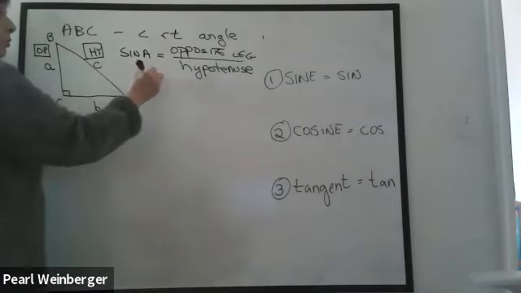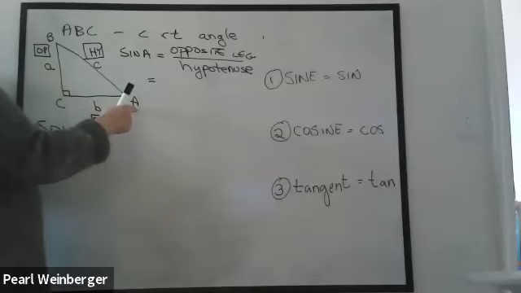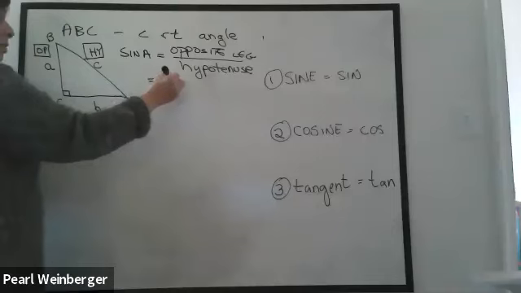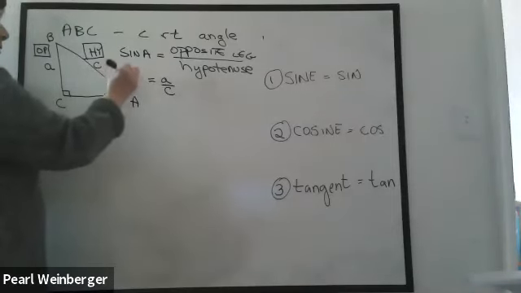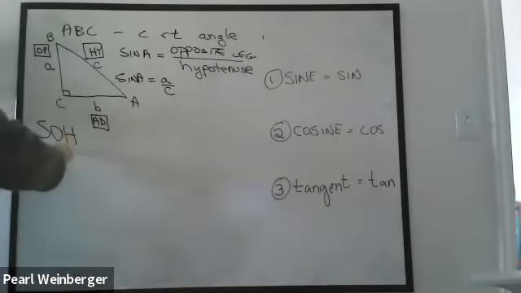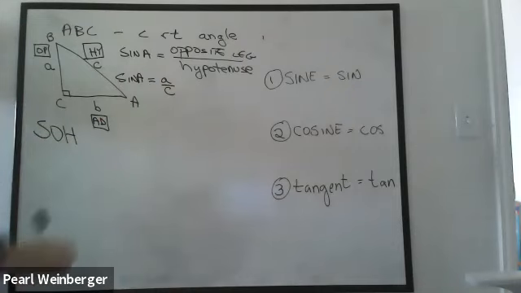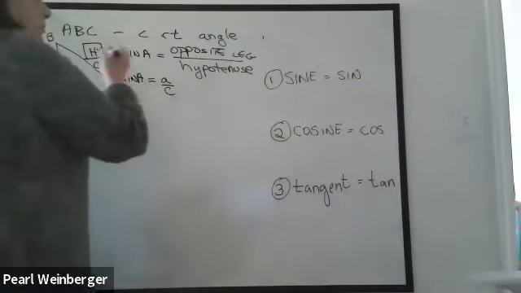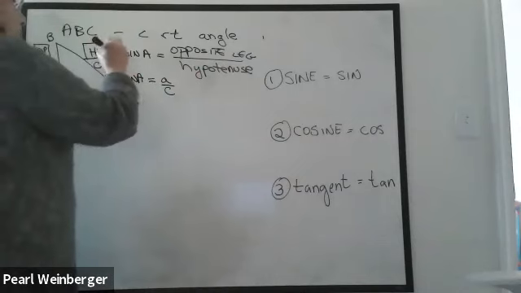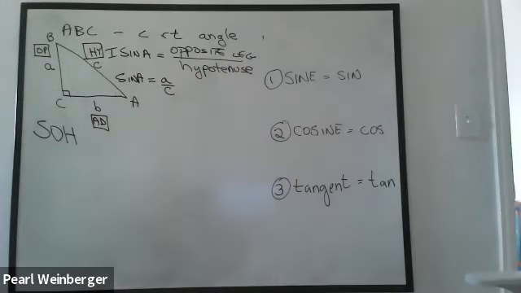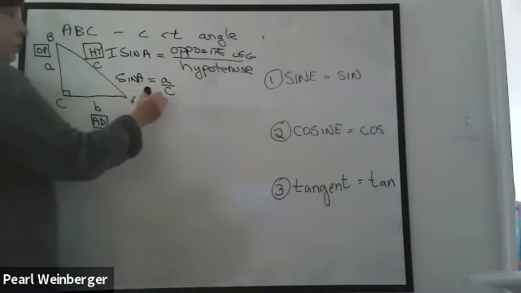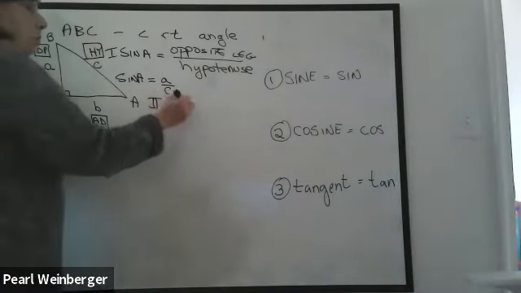In other words, in terms of the letters that I have here, the sine of angle A will be small a over small c, because the sine is the opposite over the hypotenuse. That's our first trigonometric function, our first trigonometric value. Our second one is the cosine.